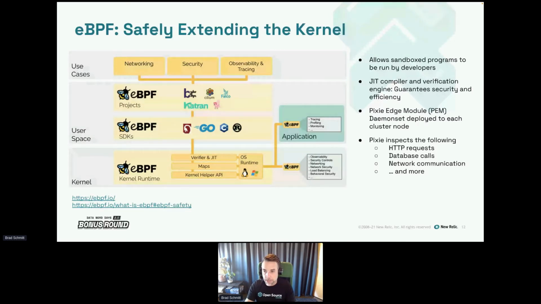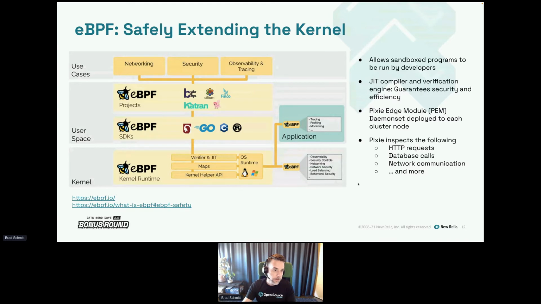There is a verification engine that ensures safety and efficiency of those probes that are running. So it's extremely safe, it's secure. I've provided a couple links at the bottom of this slide that go into great detail about how that's done. But just know that this is well protected and well regulated within your cluster nodes.